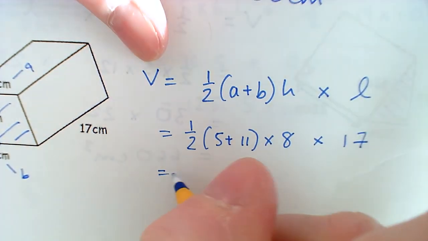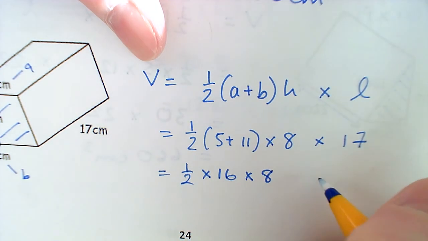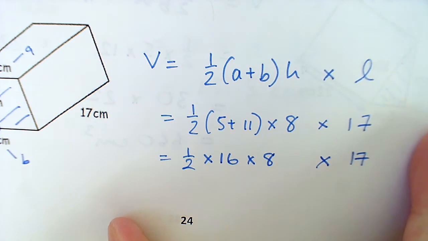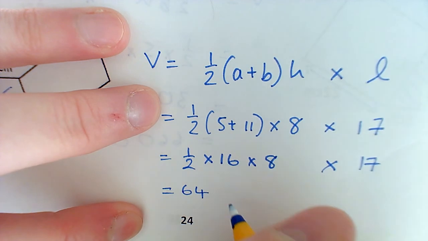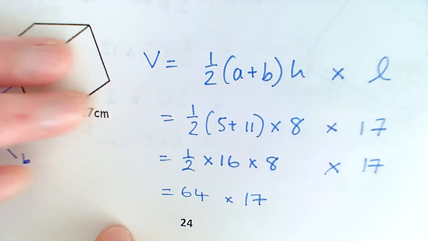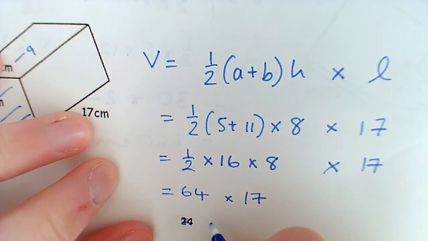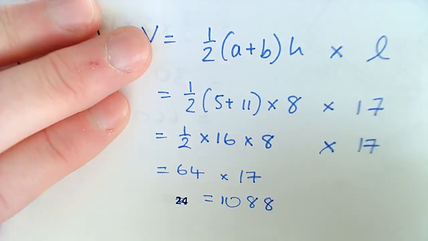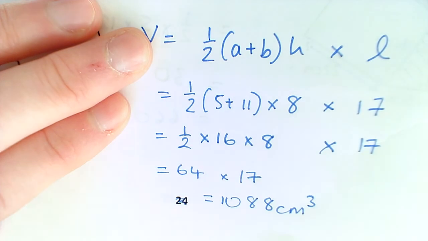So we have half by 16 by 8, and then we're going to multiply it by the length 17. So a half by 16 by 8 gives us 64. Multiply that by 17 and we get 1,088, and our units are centimetres cubed.